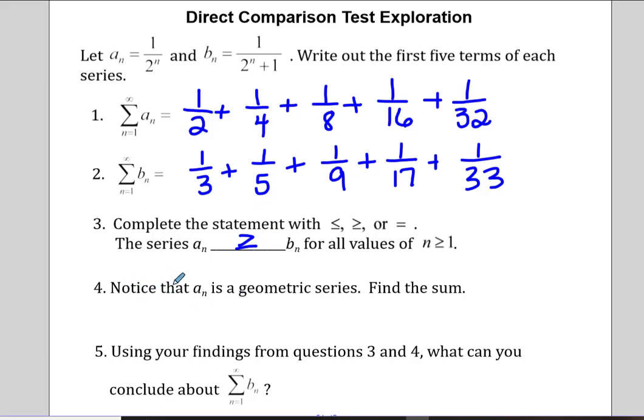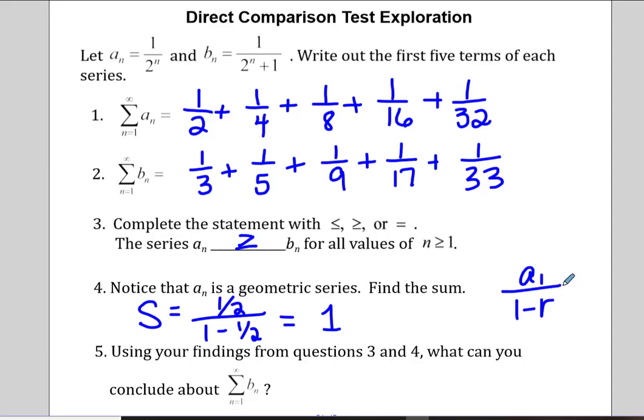Notice that a sub n is a geometric series, and if we wanted to find the sum, it would be the first term divided by 1 minus the ratio. So the sum is 1. We're using that formula for geometric series. A sub 1 divided by 1 minus r is the sum of the series.